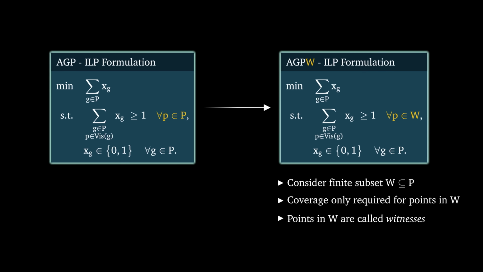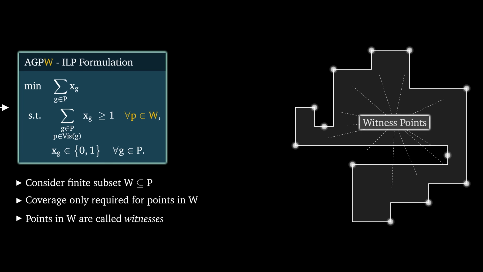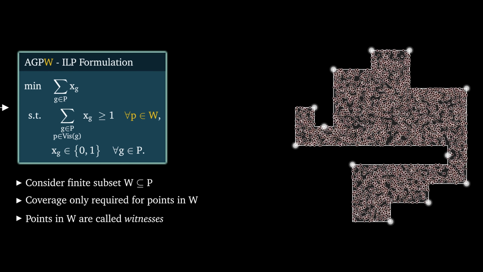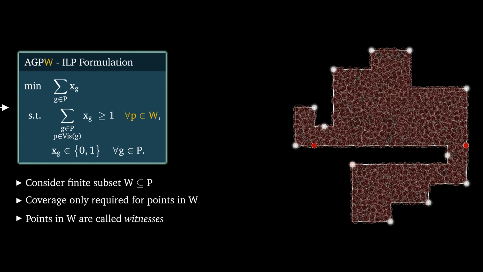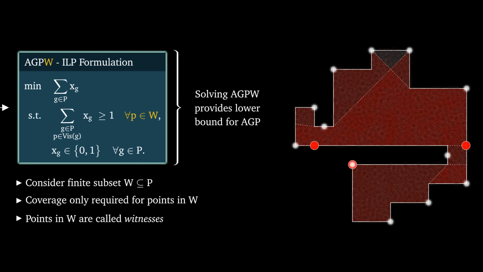Please remember that the solution of the AGPW problem computes the smallest possible set of guards among all possible guard placements in the whole polygon that covers the points in W. Regarding this, a solution of the AGPW problem will always contain fewer or equally many guards as a solution for the real art gallery problem, since you aim to cover fewer points in the polygon.